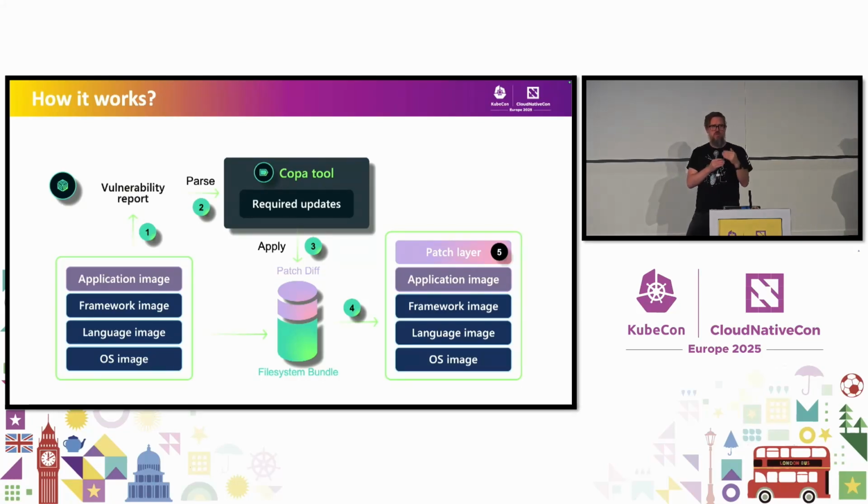It will then use, if it's going to be an RPM-based system, it'll use RPM. If it's Ubuntu, it'll use deb or apt-get, and install those updated packages into that new file system layer, and then calculate the difference between what's there and what was in the container before, and generate you a brand new patch layer just on top of that. So you have basically the old container with a brand new layer on top of it with just the updates that you've asked for, either from the scanning report or from the just update everything kind of Wild West approach.